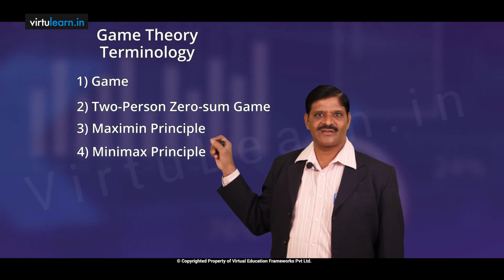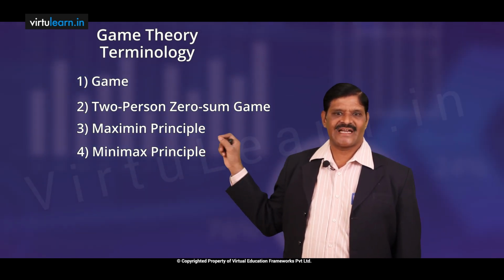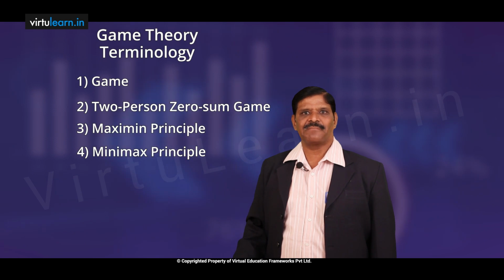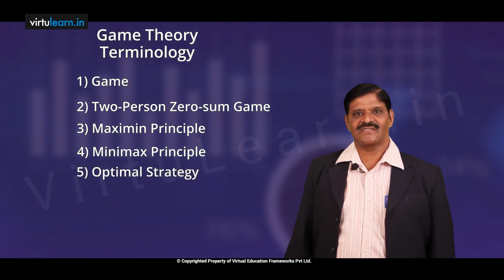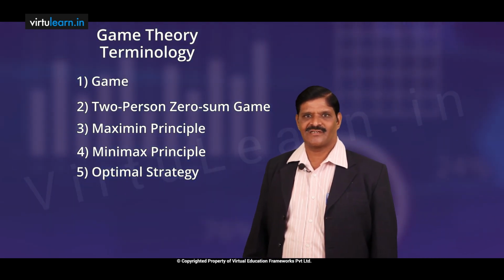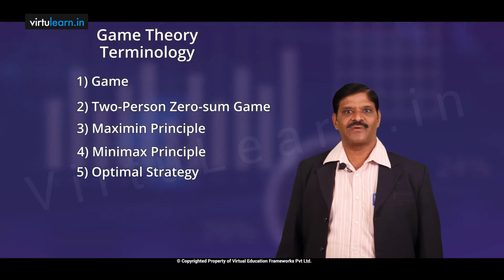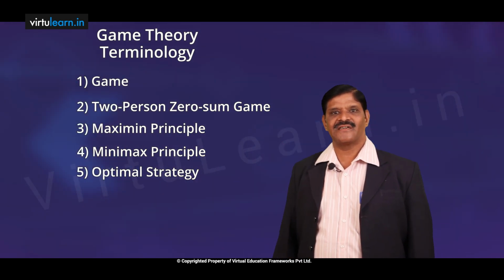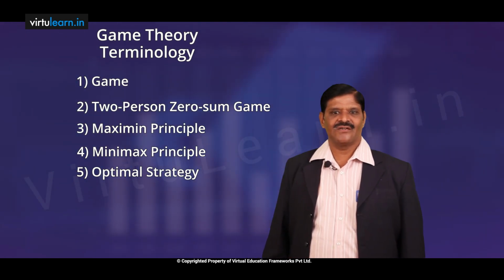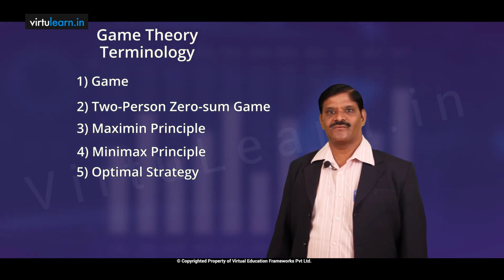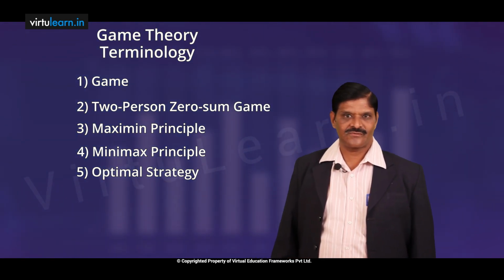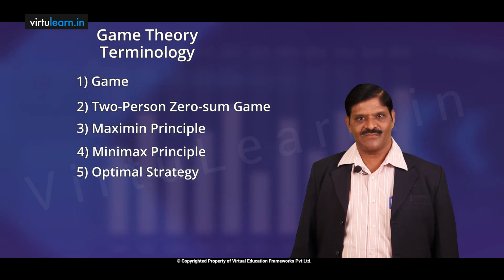If both of them are meeting, that we call that as a saddle point. Then optimal strategy. By using these minimax and Maximin principles, both players want to identify an optimal strategy. So that is how B wants to minimize the damage or minimize the loss.